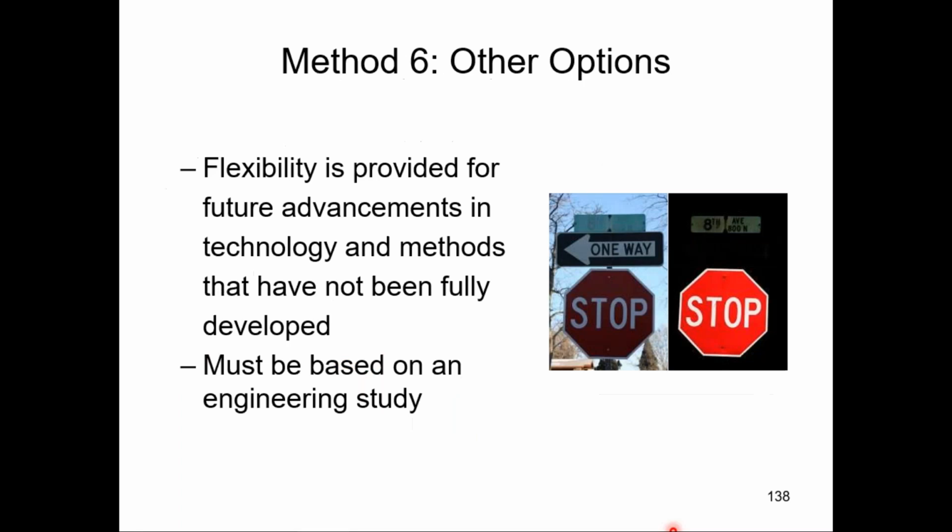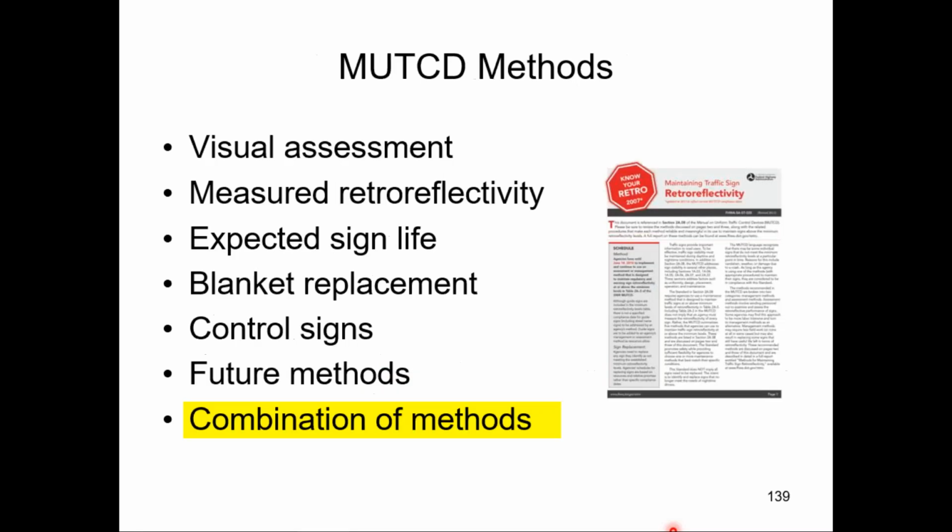Agencies can develop their own methods, but the key thing is, like some other things in the MUTCD, these must be based on an engineering study. So you can come up with methods, but make sure that you do an engineering study to show that the results are comparable to what you'd get from one of the other techniques that we've talked about. So again, documentation is important.